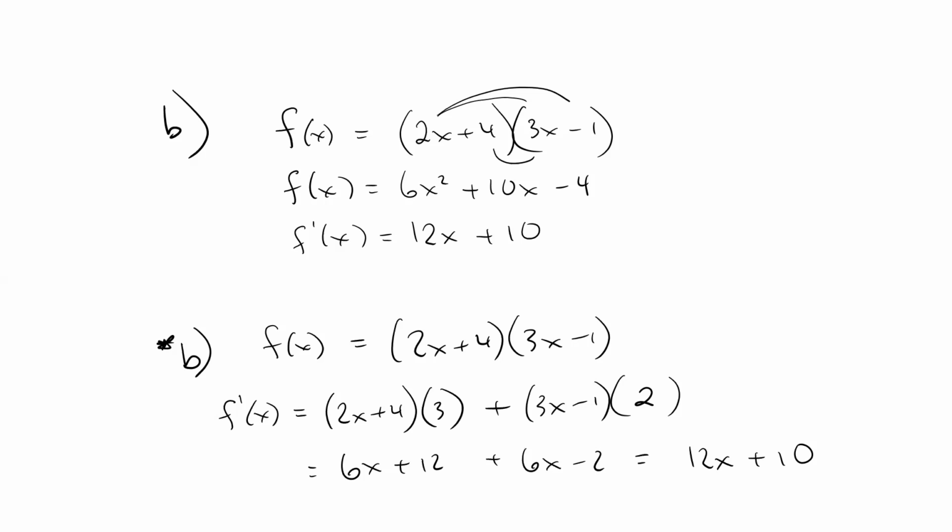Okay, let me see what other ones we could try here. All right, and C, just to introduce us to more variables here. I'm going to go with y equals r to the fourth minus 2r times e to the r.